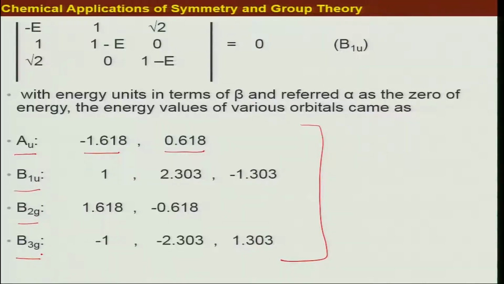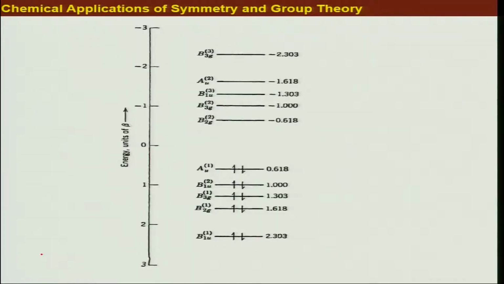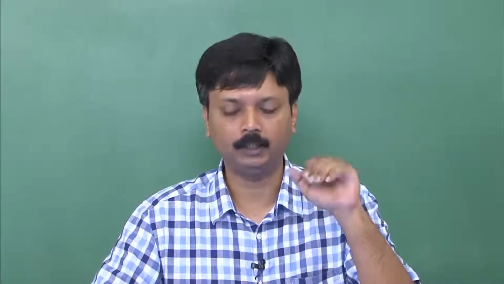Beta is negative, so the ordering of energy is done in such a way as shown on your screen. These are expressed in terms of beta, and beta itself is negative, so overall this energy is negative. And 0, as we mentioned, corresponds to the energies of the atomic orbitals which are not interacting. That means before the formation of the molecule or the bonds, whatever energies the atoms have are taken to be the 0 of energy.